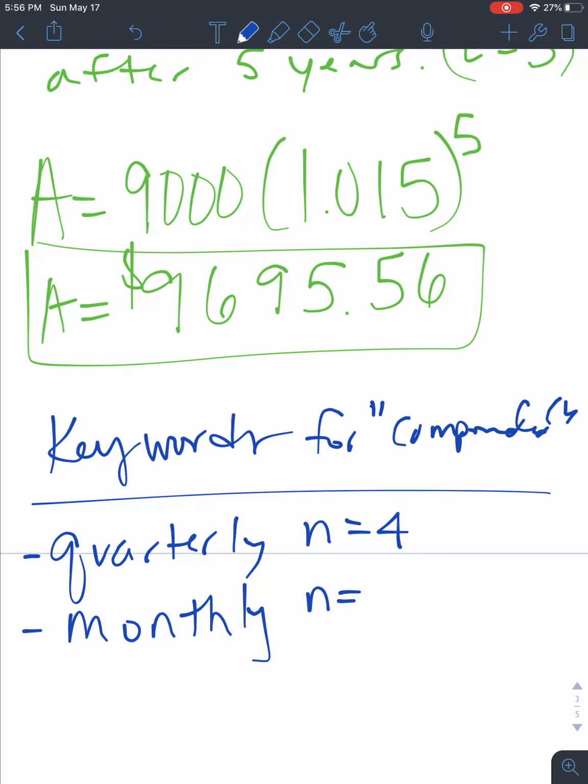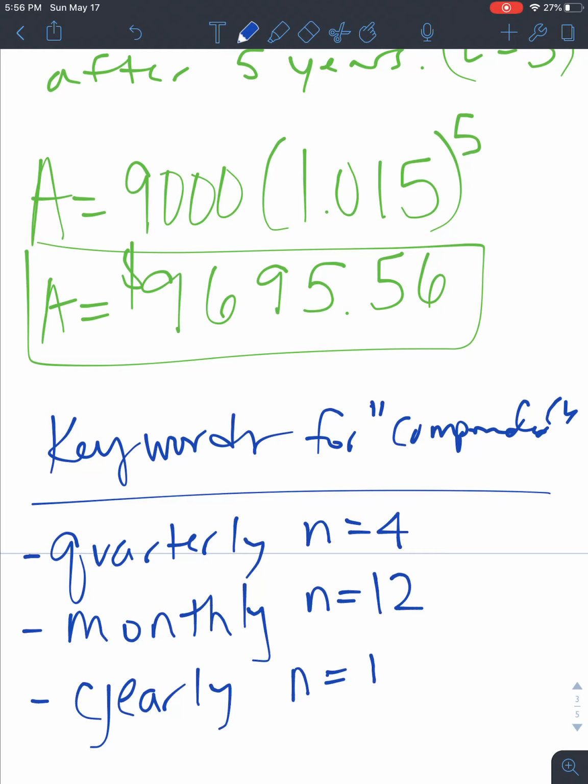And since N is the number of times it's compounded a year, there's 12 months in a year, so N is 12. All right. Compounded yearly means that it's compounded once a year, so N is 1. Compounded daily would be 365 days a year, so N is 365.